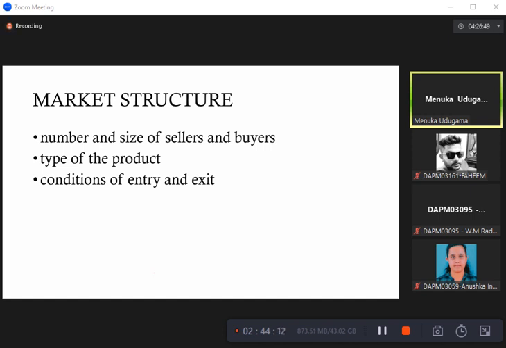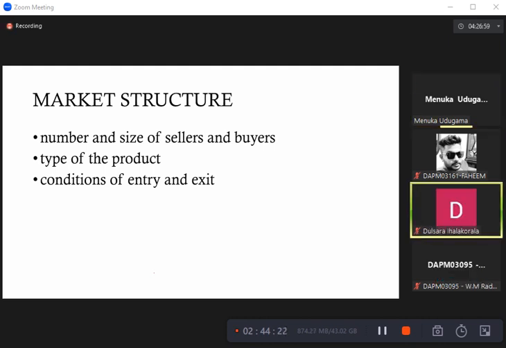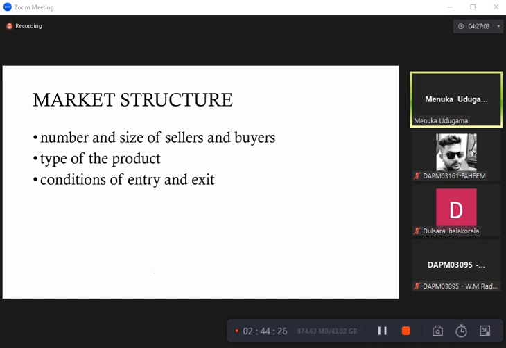Say, if I want to become a mobile service provider or internet service provider, or I want to enter the pharmaceutical industry, or enter the airline industry and start a new airline, that's going to be very, very difficult for many reasons.